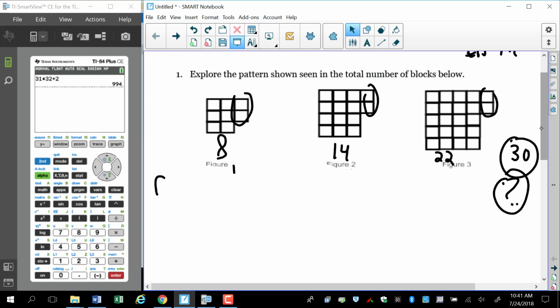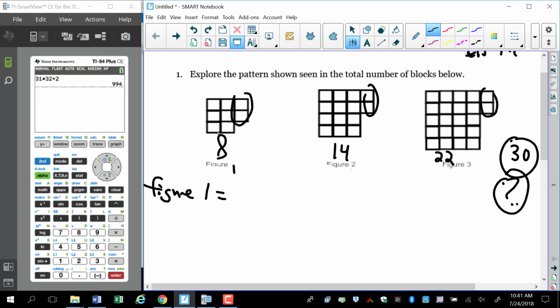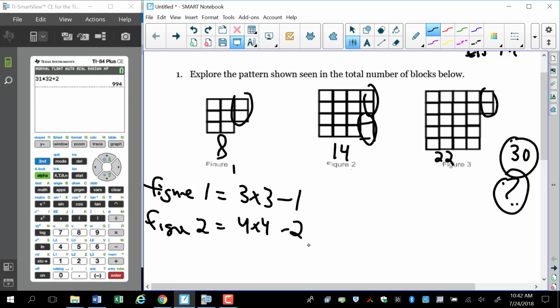The way they looked at it is figure 1 was a 3 by 3 but missing a block. Figure 2 was really a 4 by 4, right? 4 by 4 missing 2 blocks.